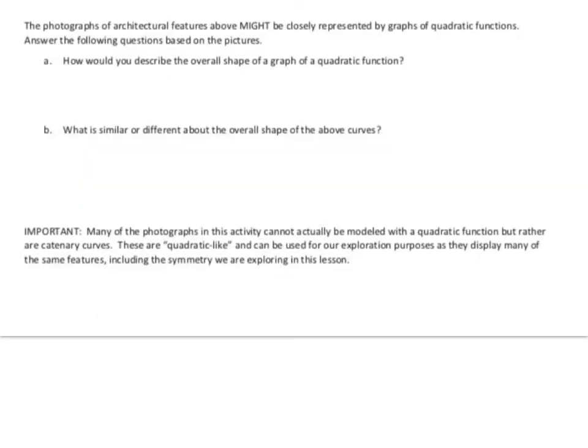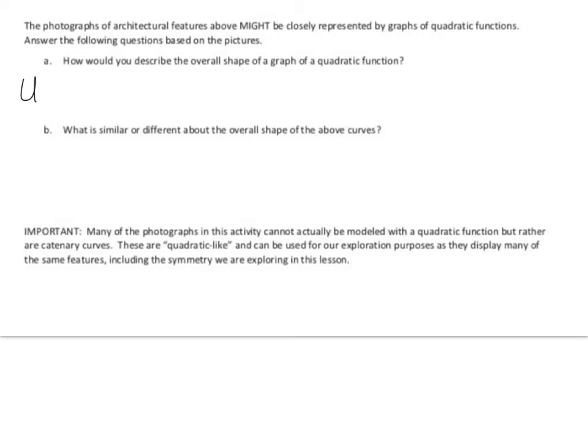So the photographs of architectural features above might be closely represented by the graphs of quadratic functions. Answer the following questions based on the pictures. How would you describe the overall shape of the quadratic function? This really is your opinion, not necessarily mine.